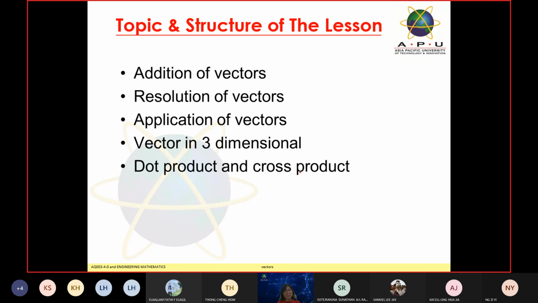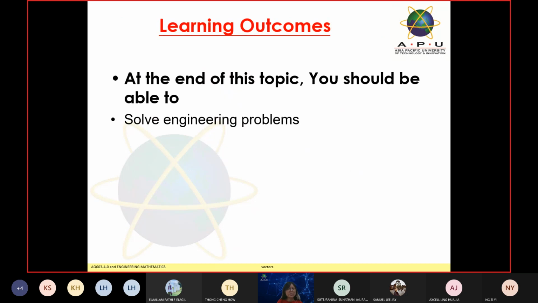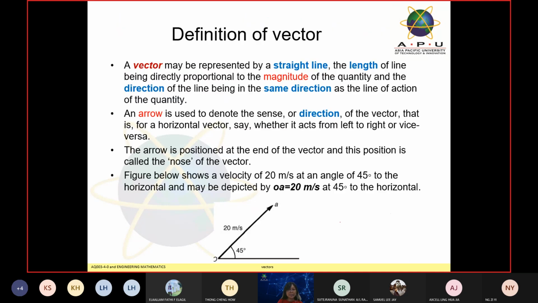At the end, we have some applications which involve dot product and cross product. The learning outcome: at the end of the topic, you should be able to solve the relevant engineering problems. And we start with the definition of the vector.